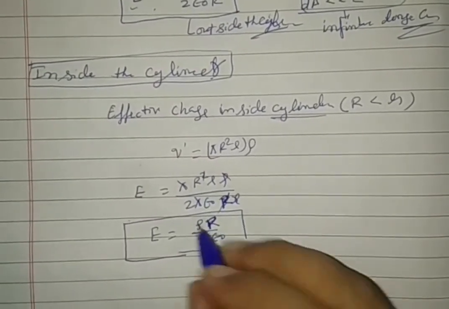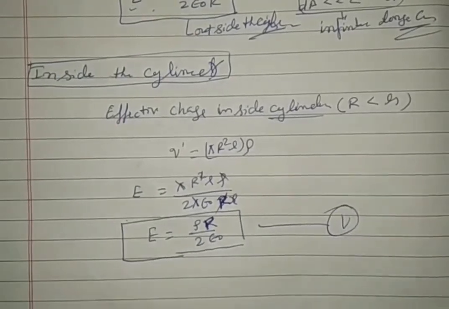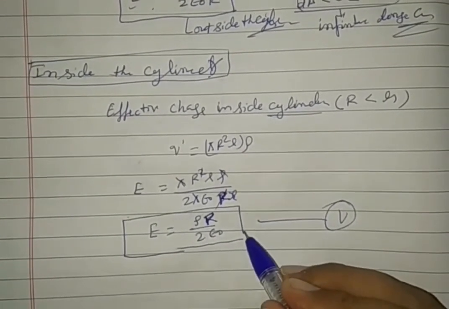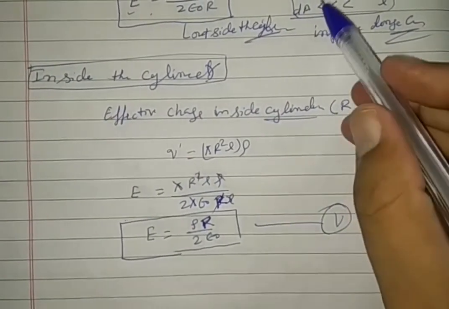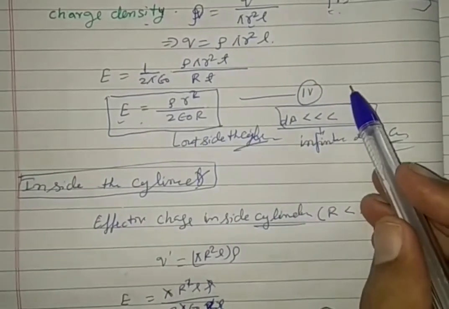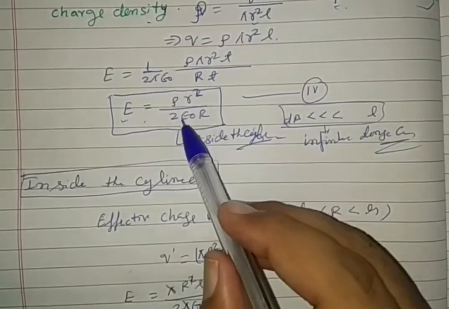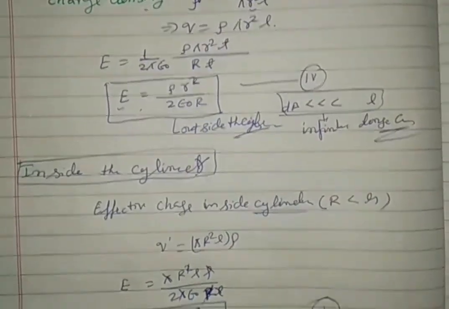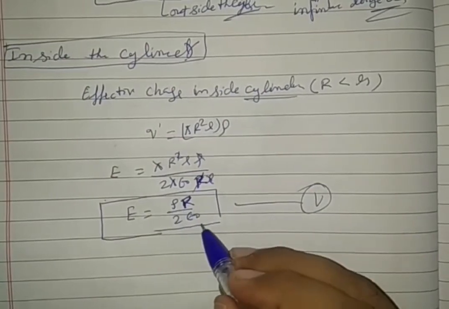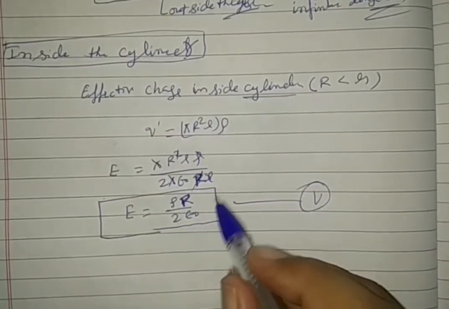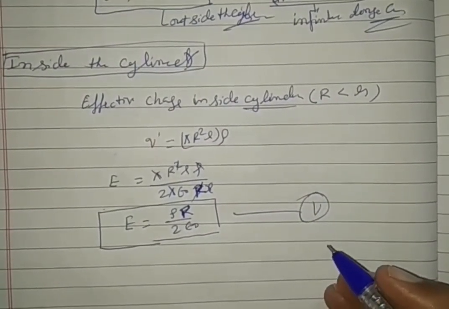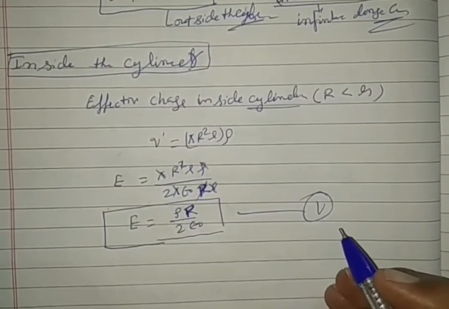So see carefully, in case of a cylinder, we will use two formulas. One, for outside the cylinder, the formula is rho R square by 2 epsilon 0 r, but inside the cylinder, it is rho R by 2 epsilon 0. So if any doubt, rewind and see. It will be much help for you.